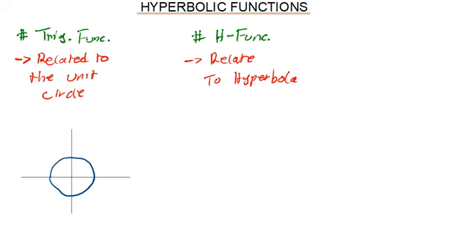Not really perfect, but at least it gives us a picture of what we are talking about. So let's say we have a point here, and we know that the unit circle has a radius of 1. So here at this point we have r, and we note that our r in this case is equal to 1.